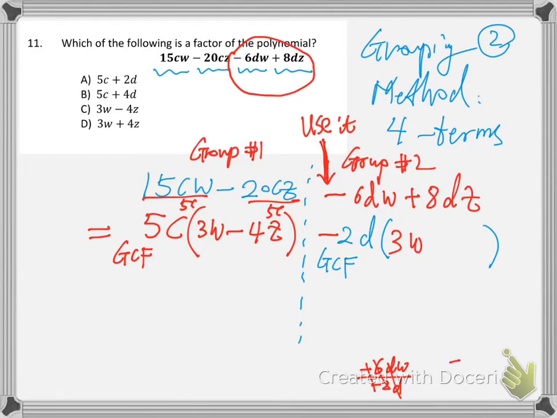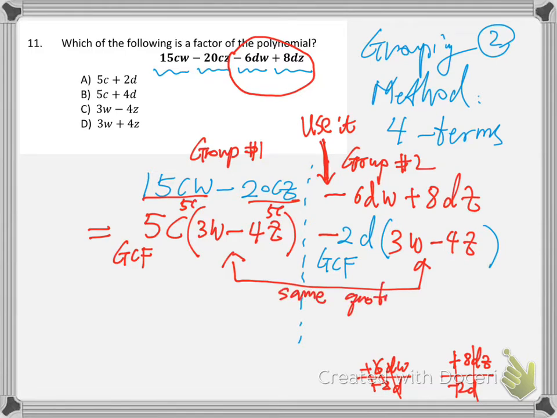The second term, positive 8dz divided by negative 2d: d cancelled, this is negative 4, so we got negative 4z. Now you see, from these two divisions, we get exactly the same quotient. That's a very important property of the grouping method. You always get the same quotient after you find the GCF.